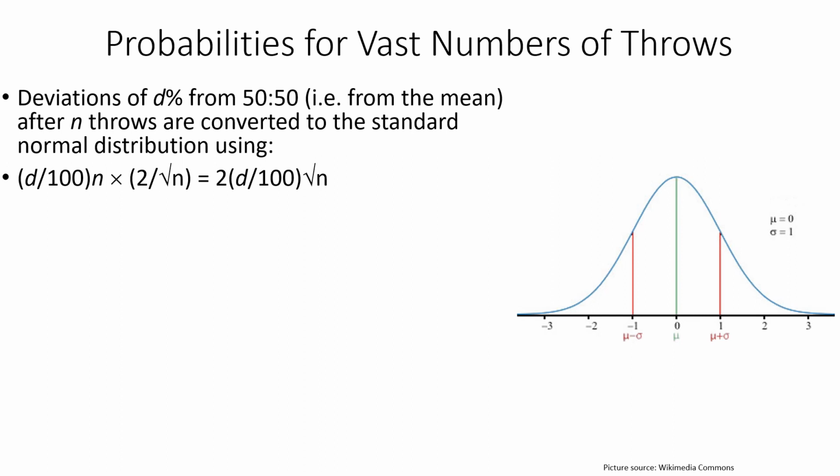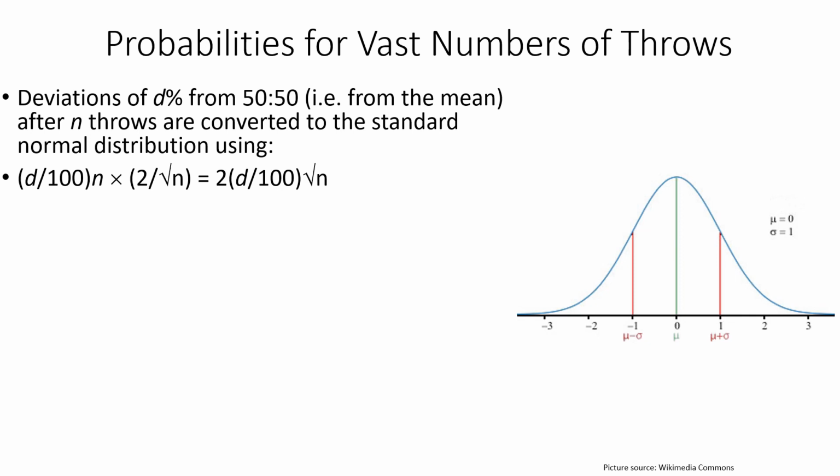And so we've always been thinking about it in terms of the percentage from 50-50. Since it's a percentage, we really ought to take that d and divide it by 100, so it's, as it were, the pure number. And we're going to have to multiply it by n, the number of throws, to see the absolute amount.